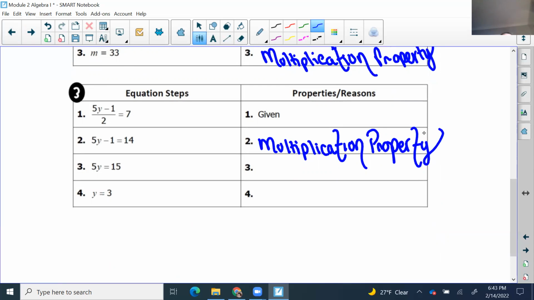Okay. Then I added 1 to both sides of the equation to isolate the term with y. So that is using the addition property. And then finally, my last step was utilizing the division property.